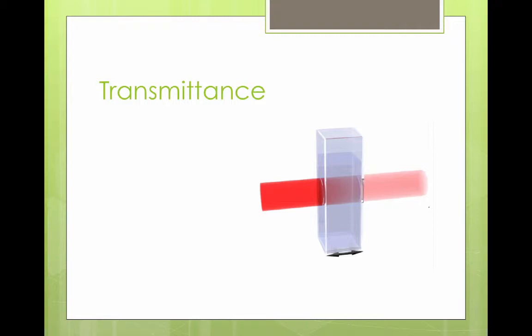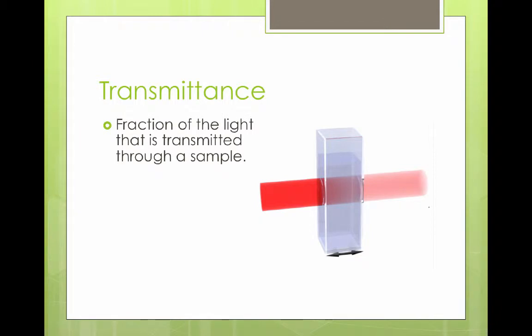So what is transmittance? We have our sample of something that we want to measure the concentration of, and we have light coming in from the left and some is being absorbed by the sample, and then some light comes out. The transmittance is defined as the fraction of the light coming in that's transmitted through the sample. We've got the intensity of light, I0, coming into our sample.